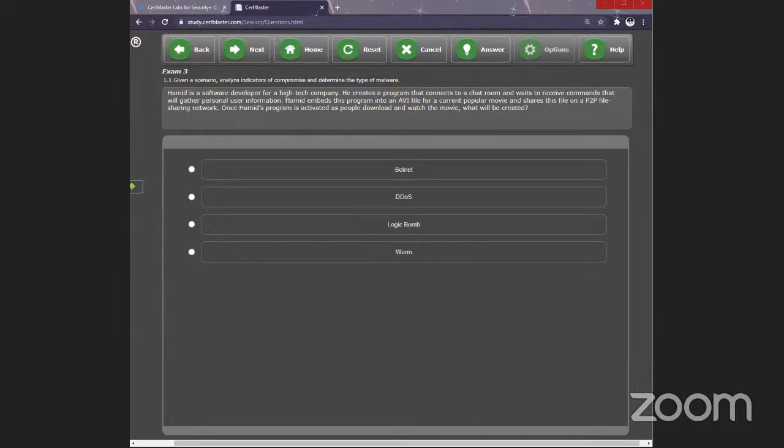Hamid. Jose is a software developer for a high-tech company. He creates a program that connects to a chat room and waits to receive commands that will gather personal user information.